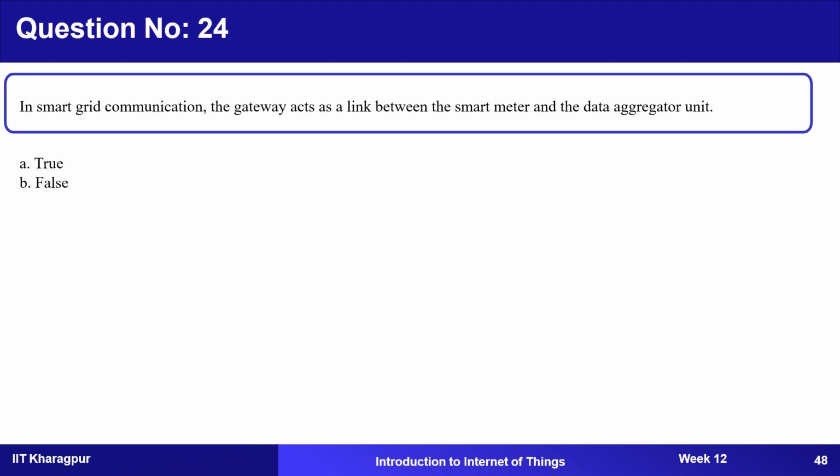First one is smart meter, then data aggregator unit, then gateway, then the fourth one is your service provider. So this statement is true.